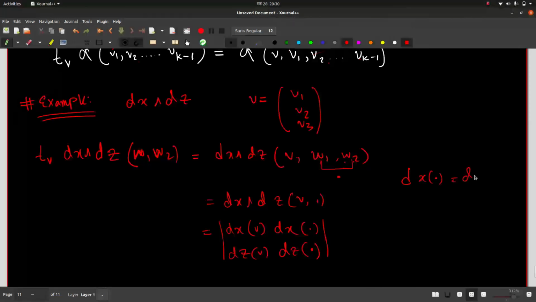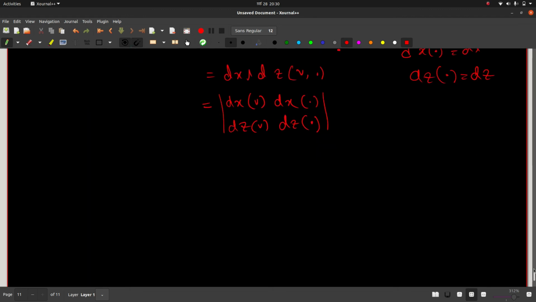So dx dot is just dx, dz dot is just dz, like this, and then dx v is just v1, dz v is just v3, and this is dx, this is dz. Now you compute the determinant and there you go.